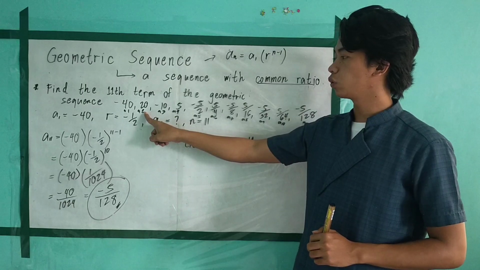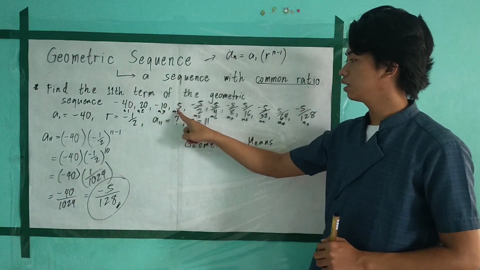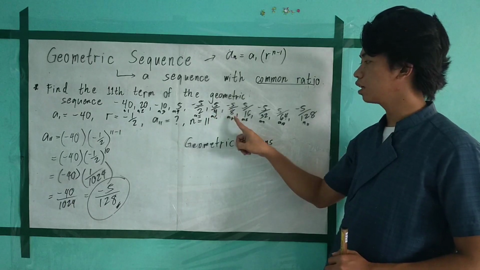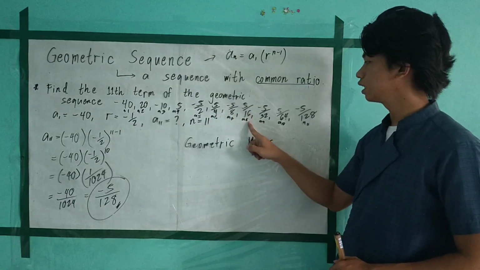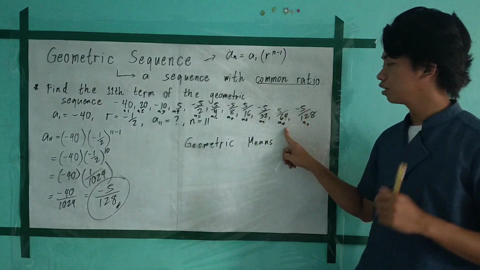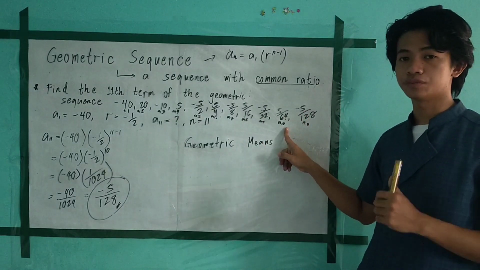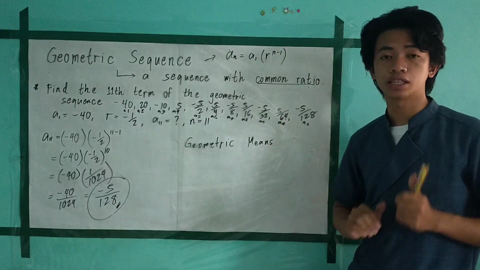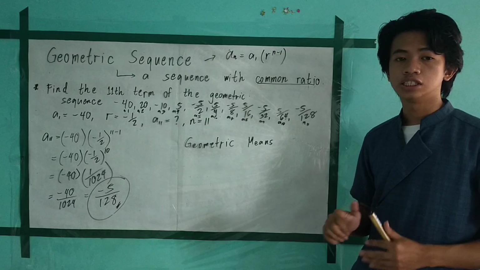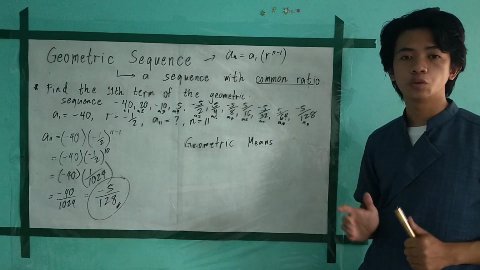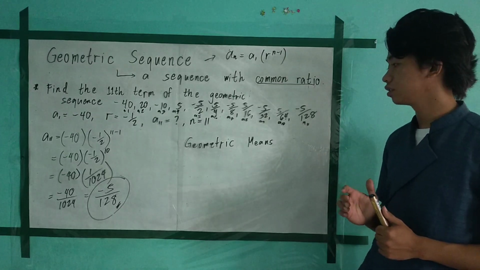These are 20, negative 10, 5, negative 5 over 2, 5 over 4, negative 5 over 8, 5 over 16, negative 5 over 32, and 5 over 64. So, yun po yung mga geometric means natin sa ating geometric sequence. Geometric means are the terms between any two given terms of a geometric sequence.